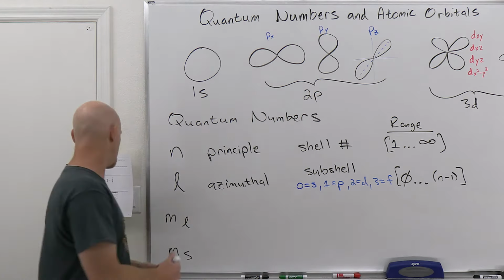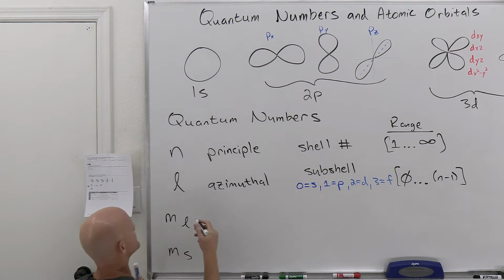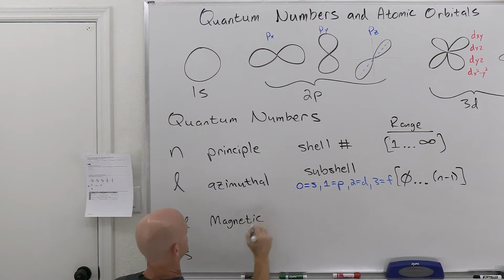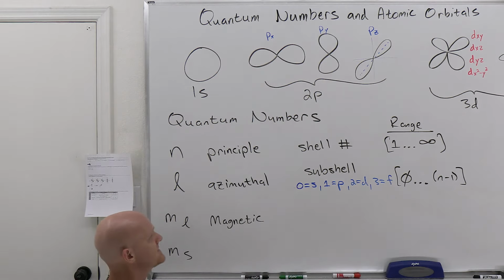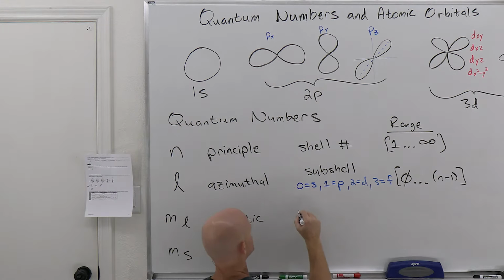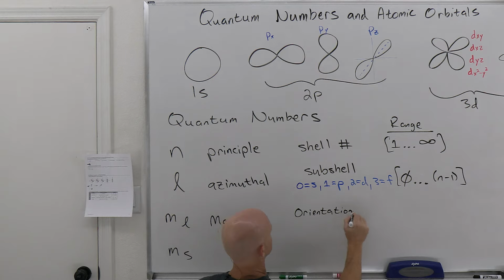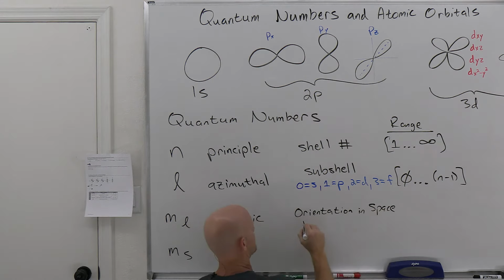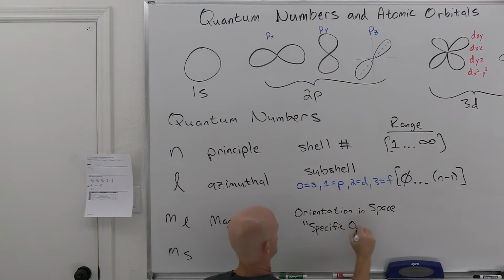And so moving on to m sub l, which is our magnetic quantum number. In this case, it's going to actually identify a specific orbital, but oftentimes we say that it tells you the orientation in space. But it's going to specify an orbital, so it gives us a specific orbital.